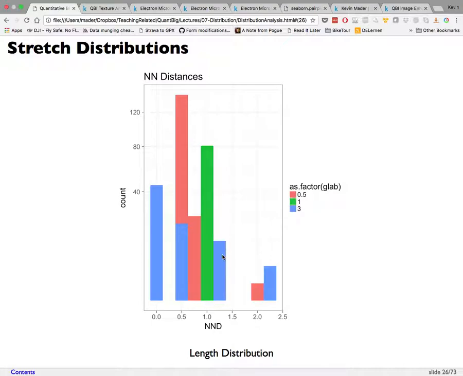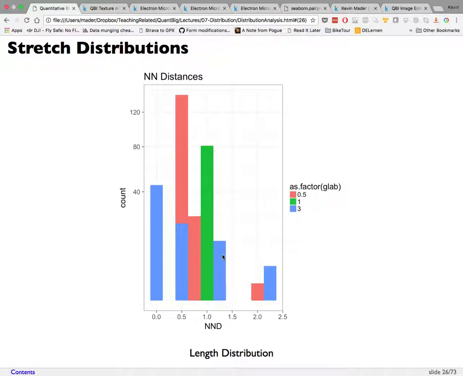And so what that means from the interpretation perspective is that if you had a very crystalline, evenly spaced structure, that nearest neighbor distance would be a very narrow peak at a certain value. And the more inhomogeneous or heterogeneous your system is, the wider this distribution will get.